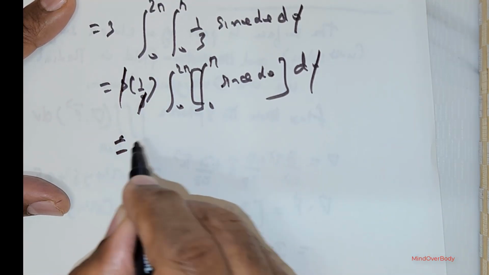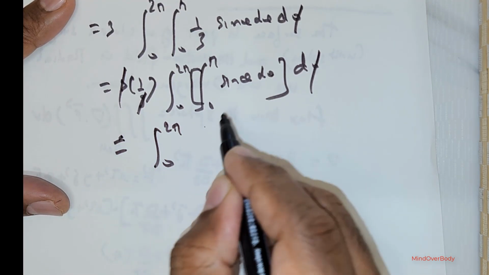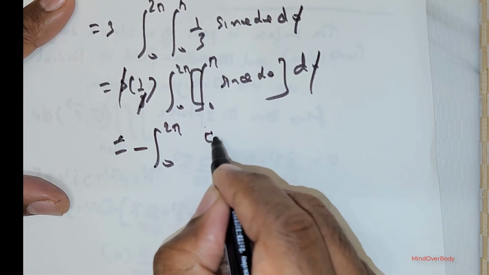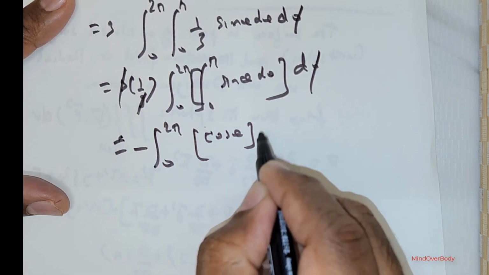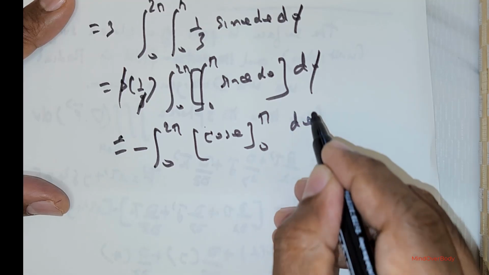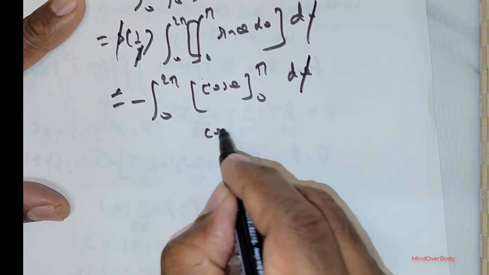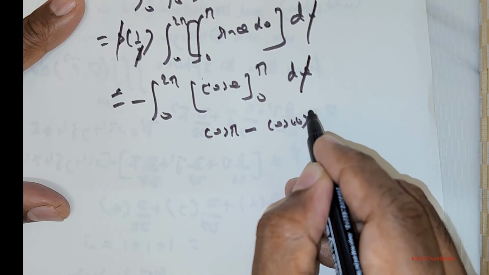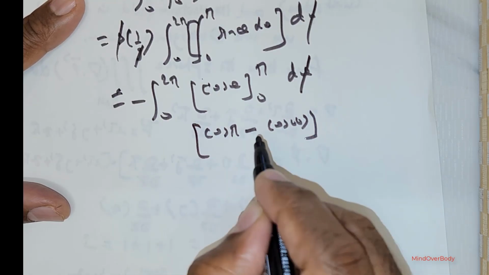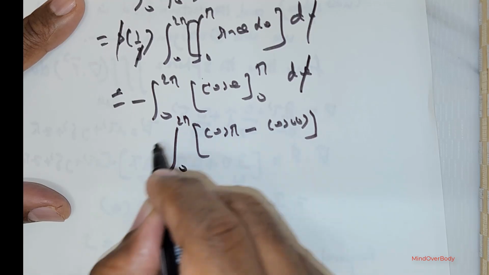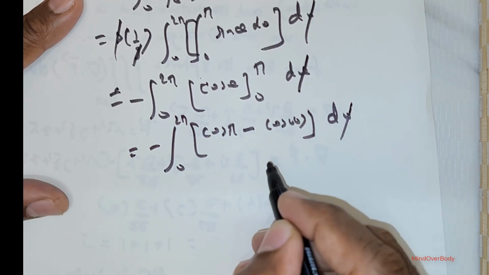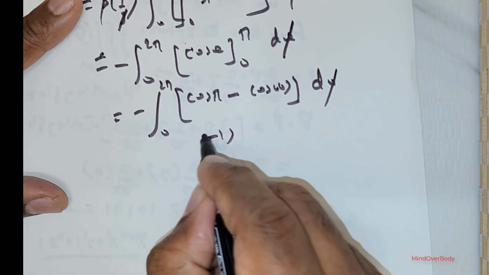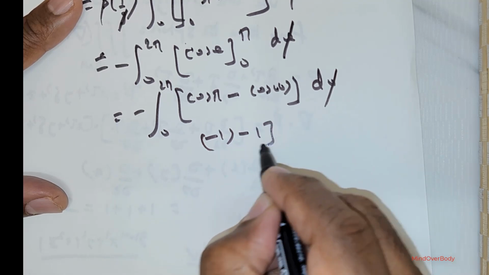So 3 gets cancelled. This is equal to the integral from 0 to 2 pi. The integral of sine theta is negative cos theta, from 0 to pi, and d phi. You integrate this, you get cos of pi, negative cos of 0. This is 0 to 2 pi with a negative sign and d phi. Cos of pi is negative 1, cos of 0 is 1.